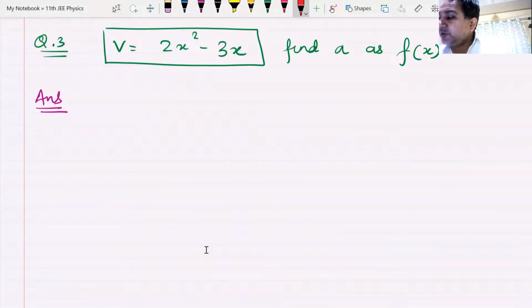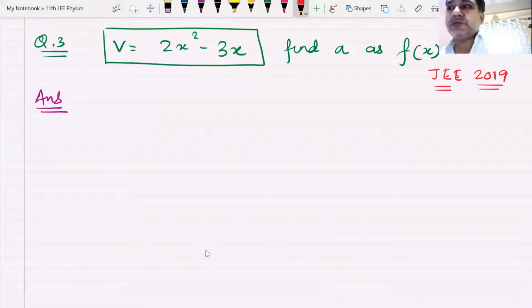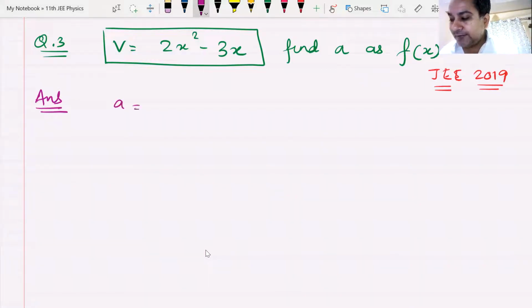This question is from JEE 2019. Okay, no one got this answer? Shall I do it for you? So, I know acceleration is V into dV by dx.